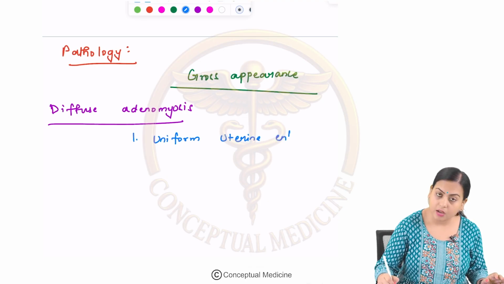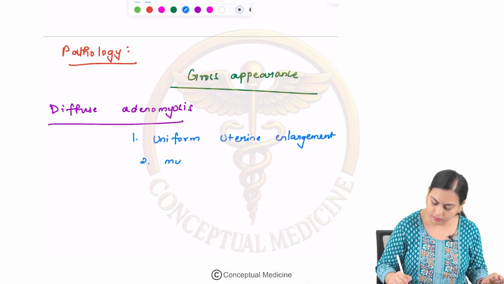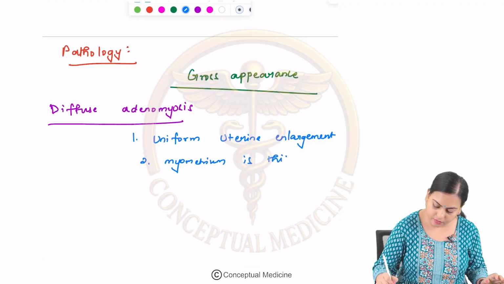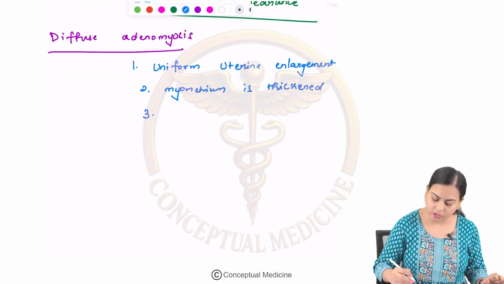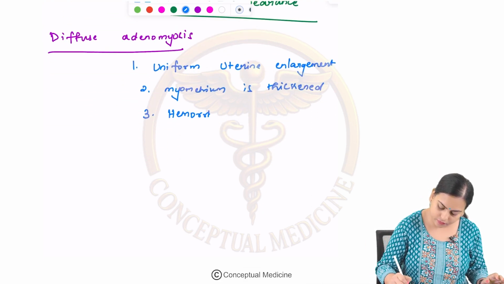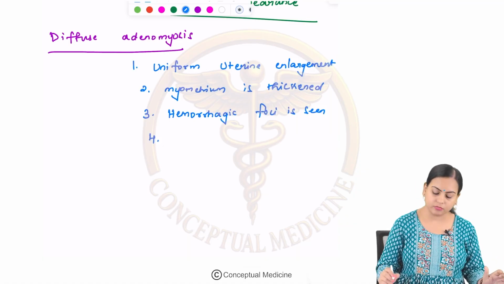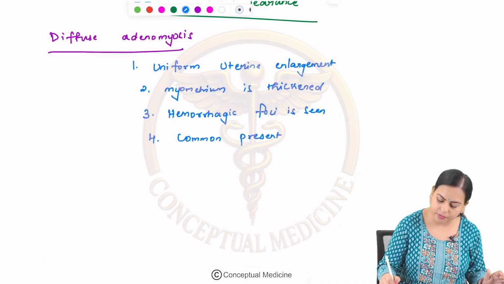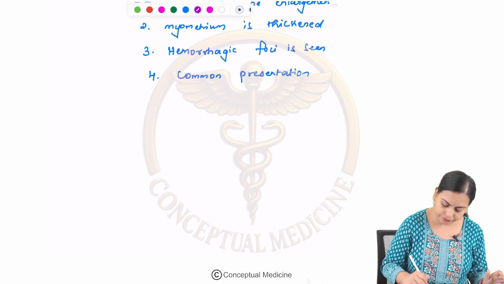Then you will have a thickened myometrium. Foci of hemorrhage can be seen. Diffuse adenomyosis is one of the common presentations of adenomyosis. Clear?